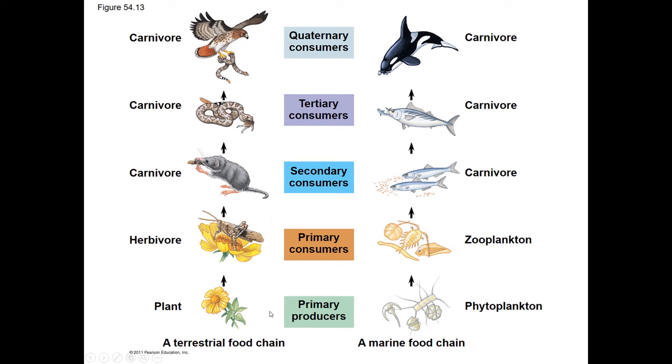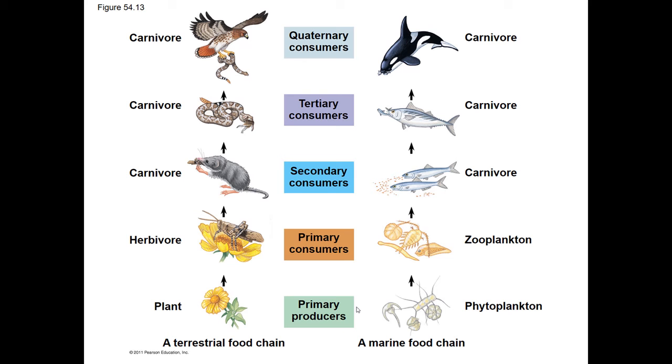What we would call the base of the food chain, we have our primary producers. Our primary producers are the organisms that are capable of taking sun energy and converting it into an organic energy source.